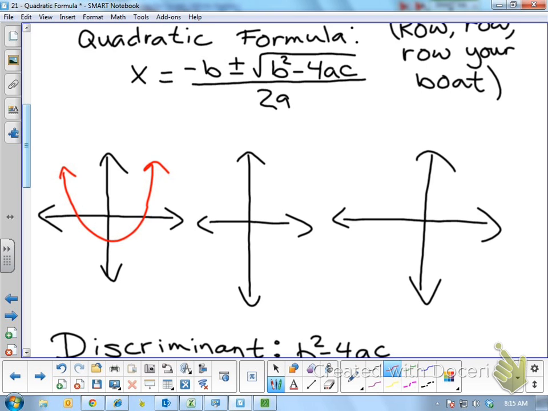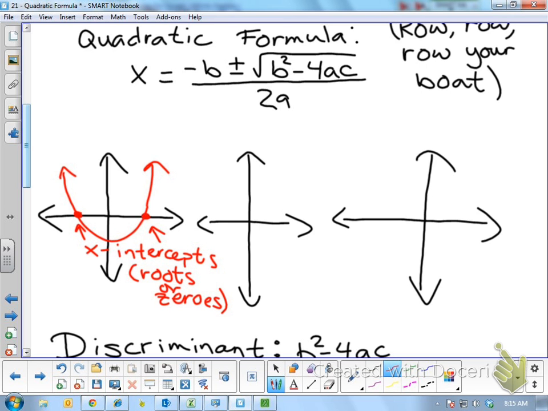And when we solve a quadratic, remember, we're solving for where it crosses the x-axis. We're finding the x-intercepts. Or they may also be called roots or zeros. It has 3 different names.